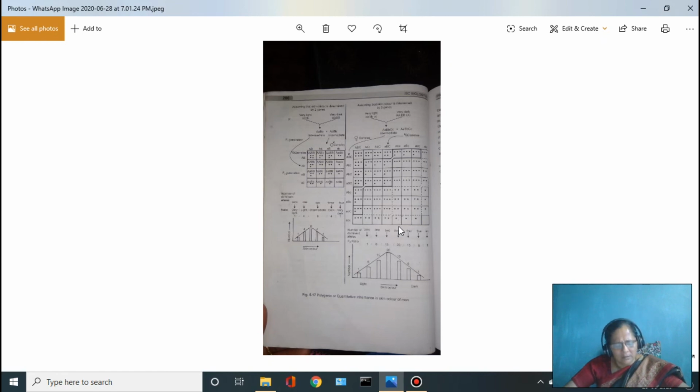Then 15 individuals having 2 alleles in the dominant form and 4 in the recessive form are fair. Then 6 individuals having 5 alleles in the recessive form and 1 allele in the dominant form are very fair. And the last one, albino, has all the alleles in the recessive form.